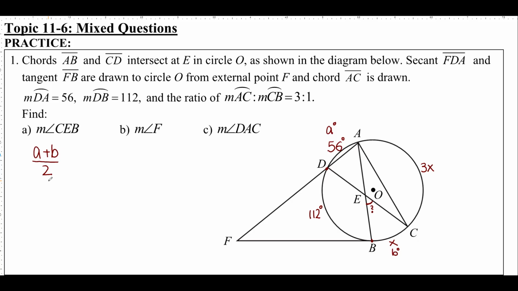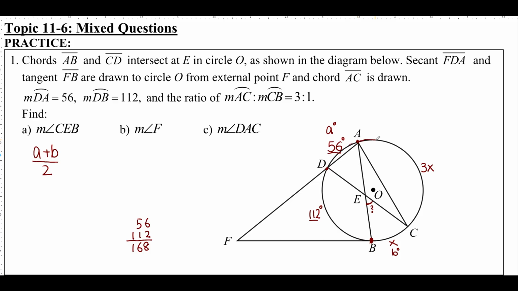From all the way A to all the way to point B, 56 plus 112 is 168.